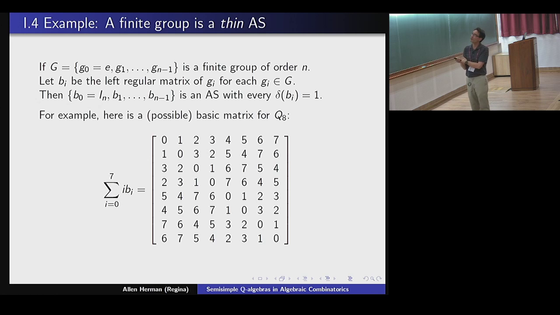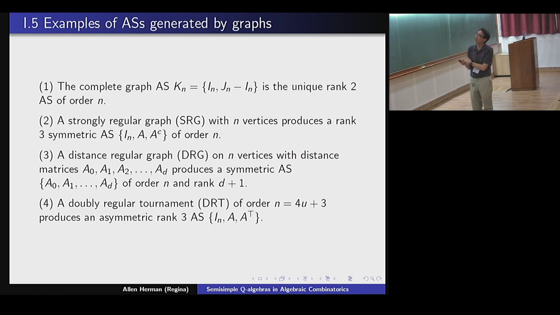You can go, there's a lot more than just groups, though. Combinatorics generates a lot of these algebras, and quite interesting ones, using families of graphs. So let me just quickly go through some of these. The complete loopless ordinary graph gives you two elements in an association scheme, the identity and the J minus I matrix, where only the zeros are on the diagonal and 1s everywhere else.